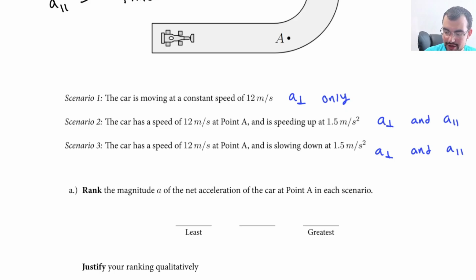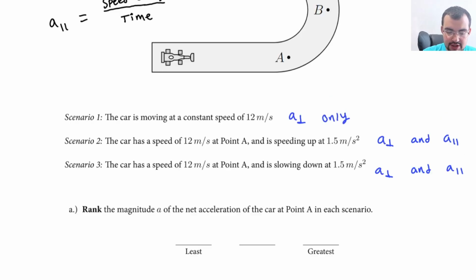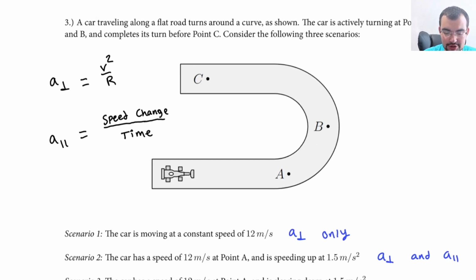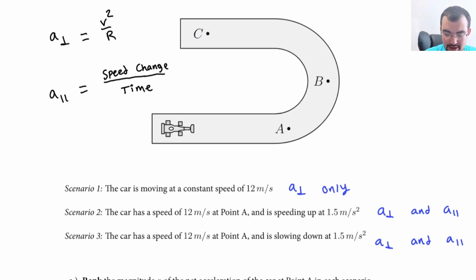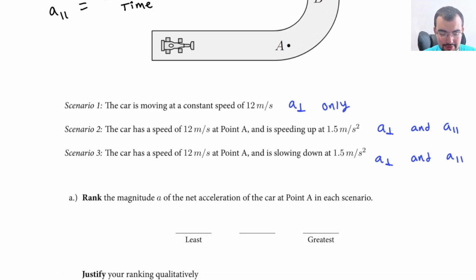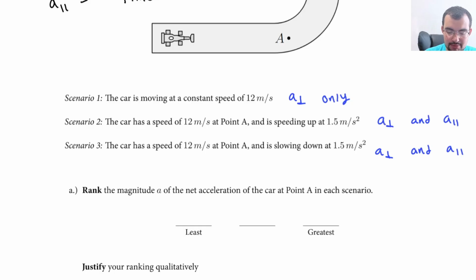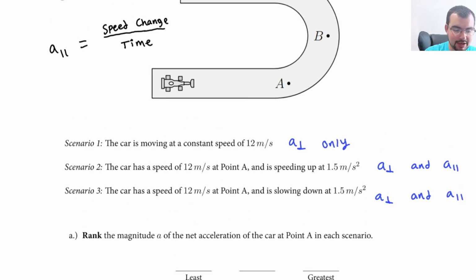So if we were to do our ranking, we see that there's only one component of acceleration for scenario 1, and there are two components for scenarios 2 and 3. It doesn't matter that we're speeding up in one and slowing down in the other because they add as vectors. So we said this is a Pythagorean theorem situation, because the tangential acceleration will be tangent to the path, the radial will be perpendicular, so it doesn't matter which way this vector is, they're going to make a right triangle regardless.